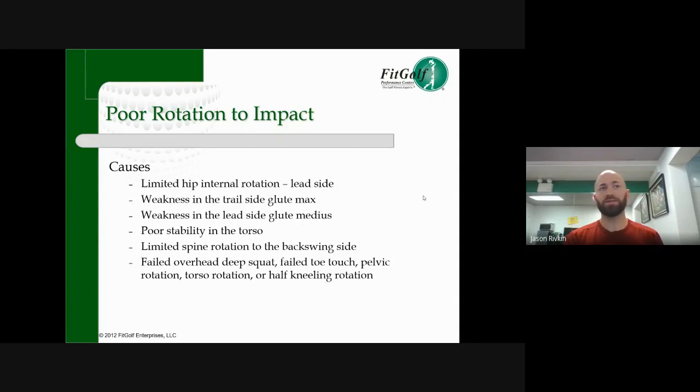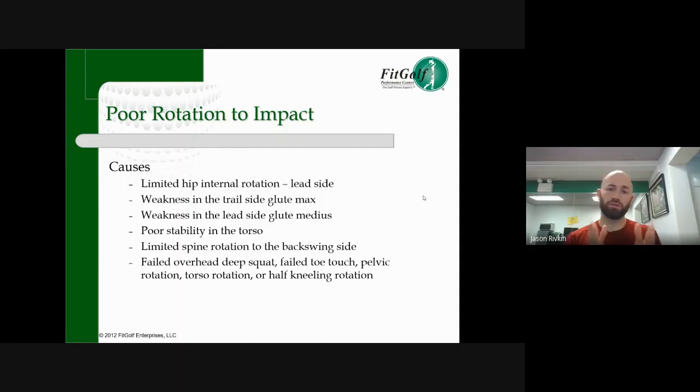Poor stability in the torso. If the torso isn't stable, then the hips really won't have much opportunity to get ahead of the torso in the downswing, which could cause timing issues in terms of their ability to get there in time. Limited spine rotation back creates issues, and so do failed functional movement tests, such as the overhead deep squat and toe touch test.